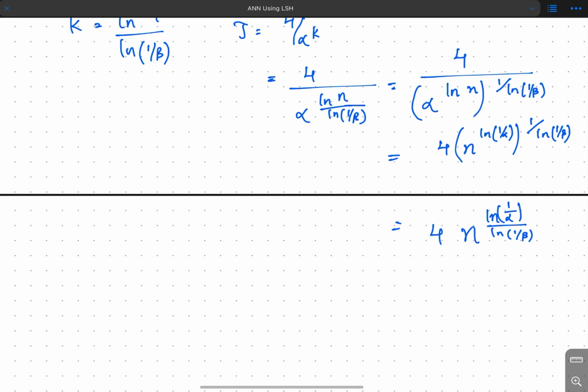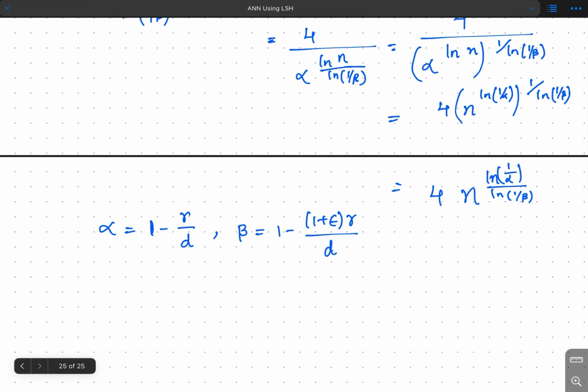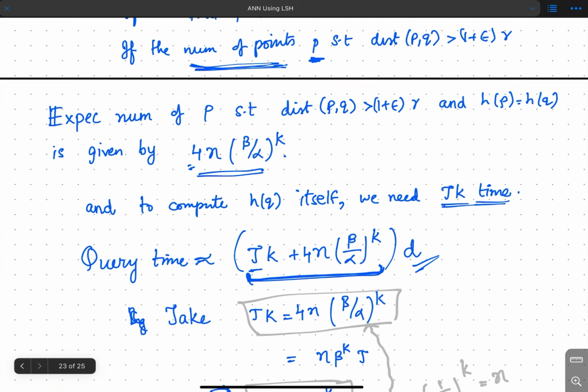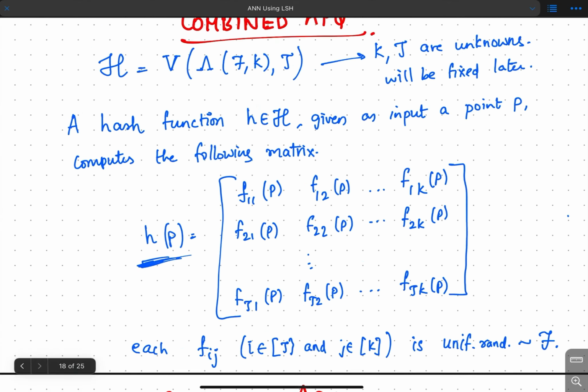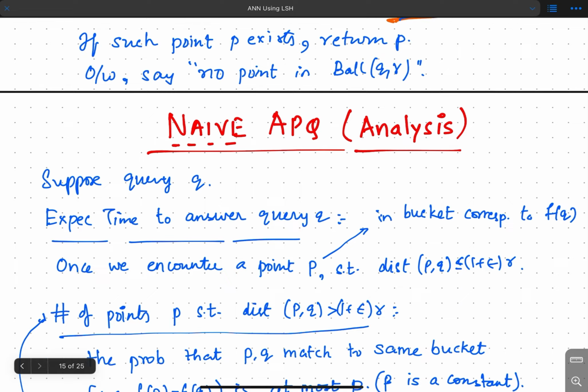And we said that alpha is equal to, at least let's look at the hypercube case, alpha is equal to 1 minus r by d, and beta is equal to 1 minus (1 plus epsilon) times r by d. This was capital R actually, but for APQ we work with capital and small r as r and (1 plus epsilon) times r.